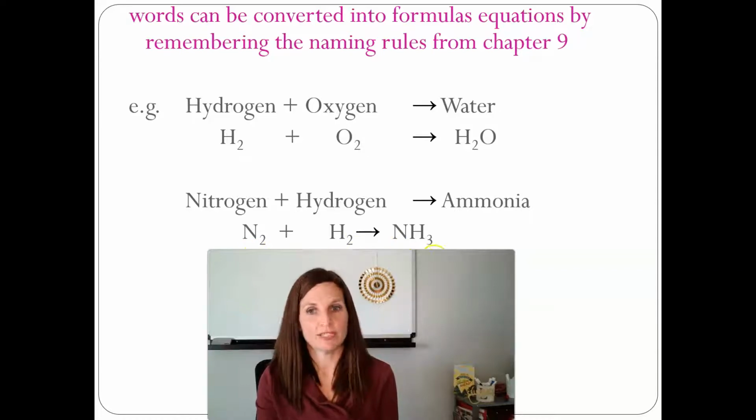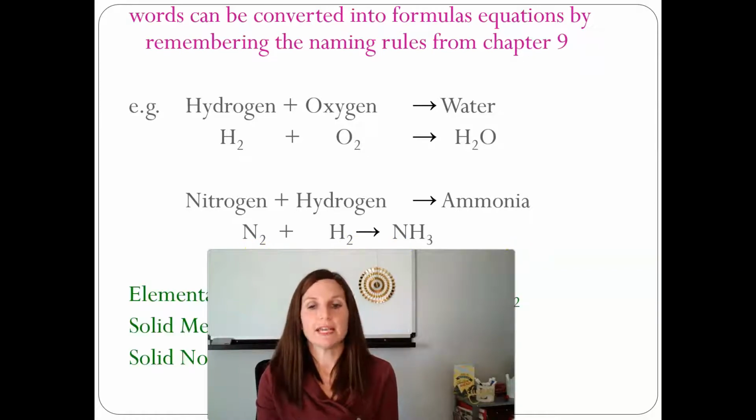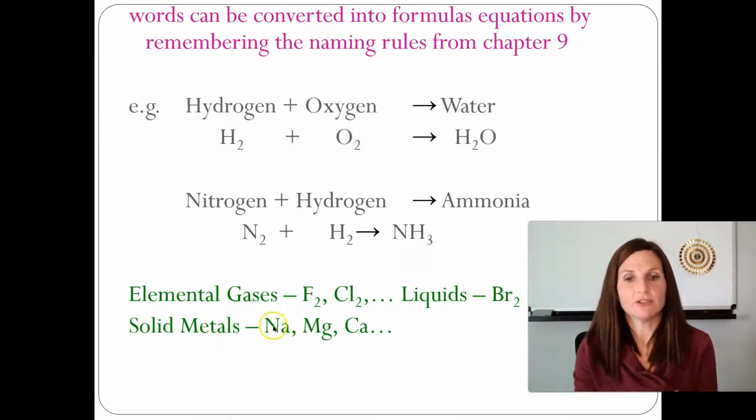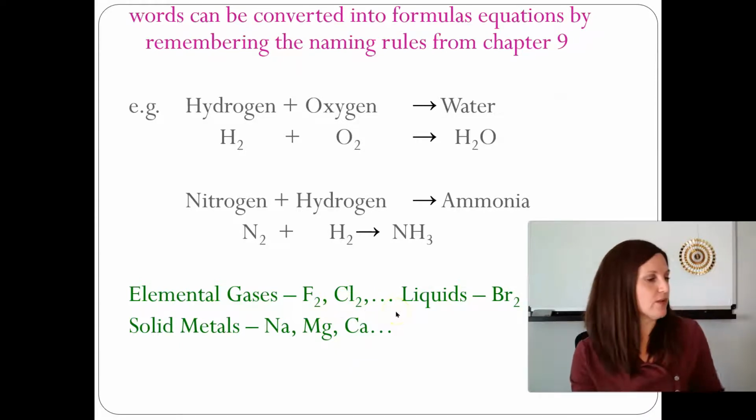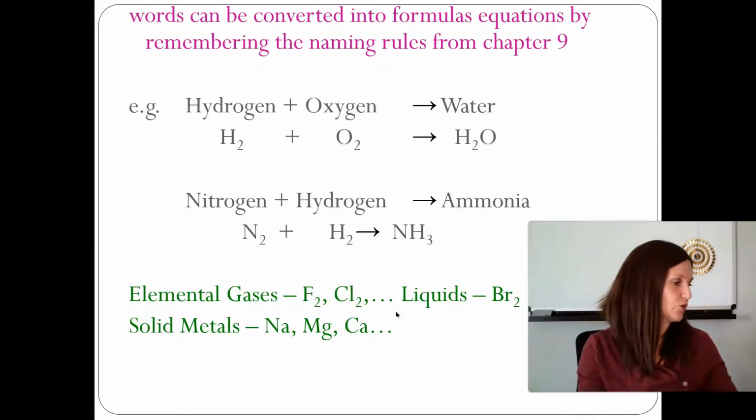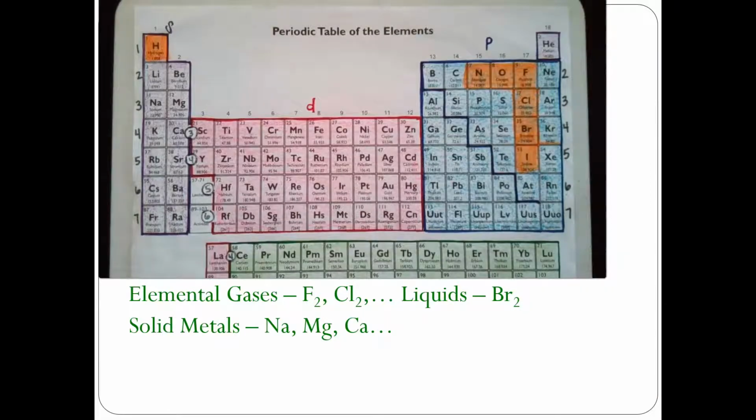plus H2 yields NH3. Some little rules that can help you here is that elemental gases, that's that 6 in the shape of the 7 I was telling you about, that group is going to come as a 2. Those elemental gases are over here, and they're coming in the shape of a 7. These are the 6 elements that we expect to see as a 2 when we write them alone, and hydrogen over here.